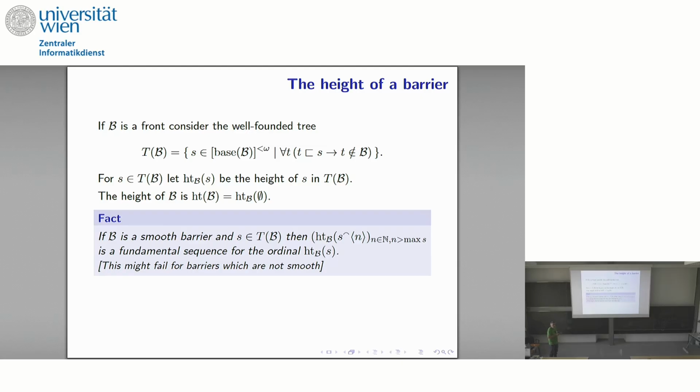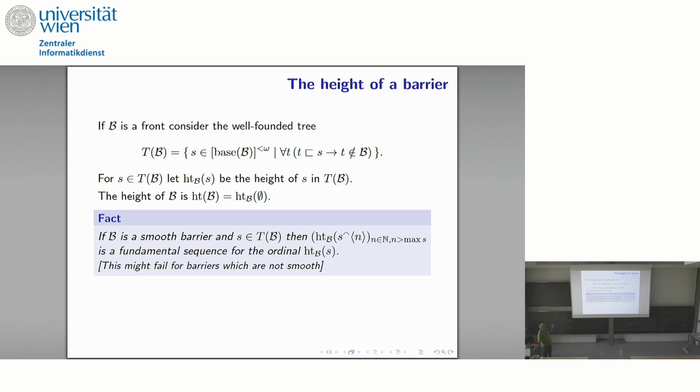So we are looking at a sort of system of fundamental sequences, but rather than attaching it to a single ordinal, you attach it to the ordinal which is attached to this element S inside the tree. And this works exactly because the barrier is smooth; otherwise you might fail. This is the reason for having smooth barriers, because otherwise you can give counterexamples to this basic situation.